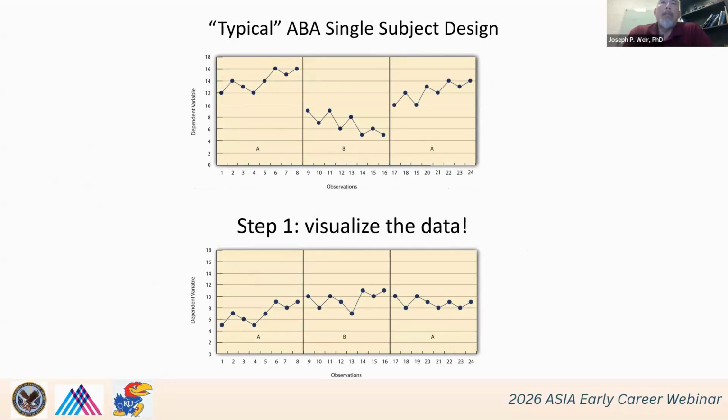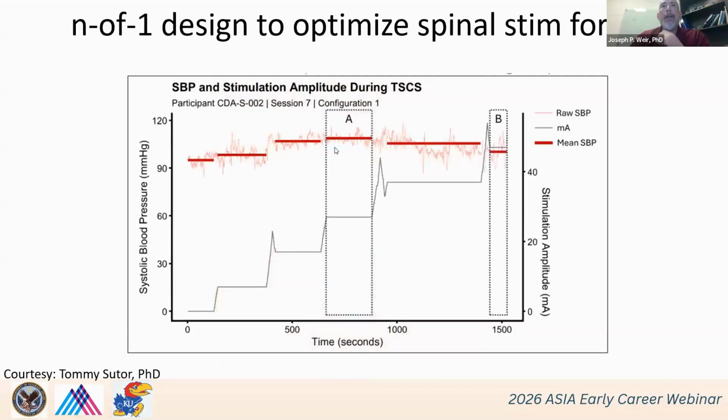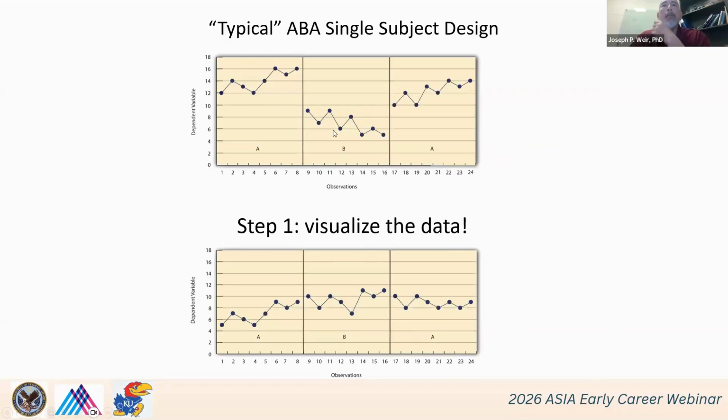In single case or single subject design studies, one of the key features is that you're getting multiple scores from each person so that you can establish what looks like a reasonable baseline. Here, the A condition in the top panel shows a bit of an upward trend, but on average, the scores are higher than they are, whoops, in the B condition and so forth. And then when you go back to the A condition, they trend back up again.